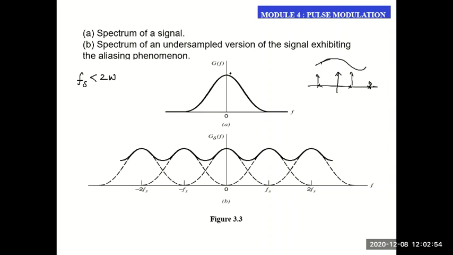See, this is the band limited signal. Rather than showing it as a triangle, we are showing it in the shape of a bell curve, Gaussian curve. This is your G of F, practical, because we are talking of practical circuits. What happens under aliasing is, you'll see this band will extend into the next signal's bandwidth.